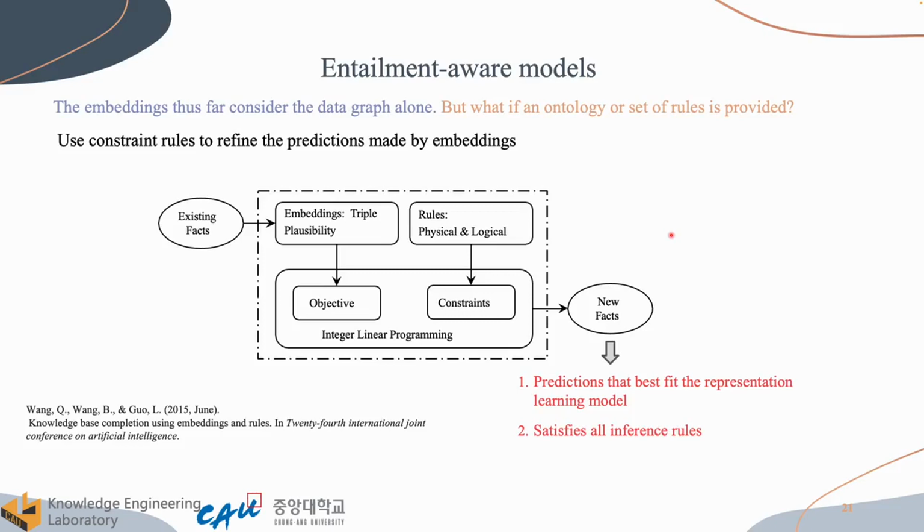The entailment-aware models use constraint rules to refine the predictions made by embeddings.